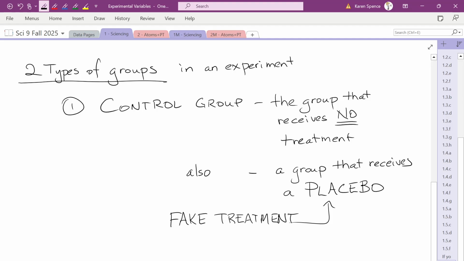They maybe suffer from migraines, and some of the group gets nothing. You just see how many headaches they get per month. That would be a control group, the group that gets nothing.